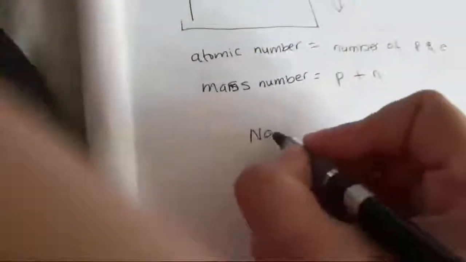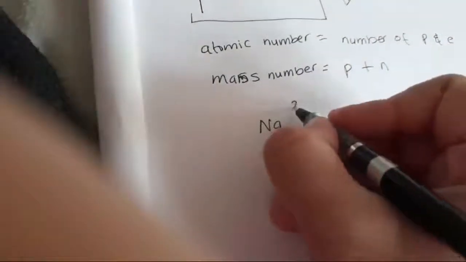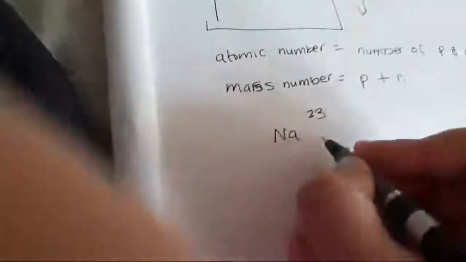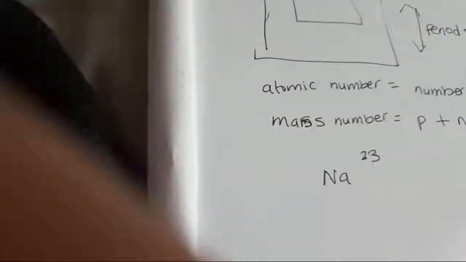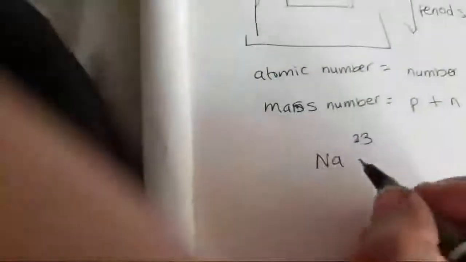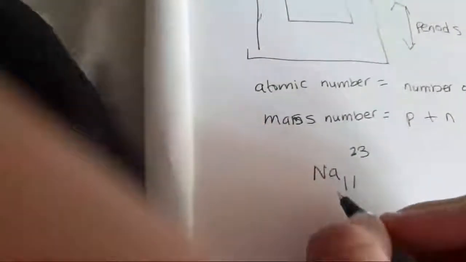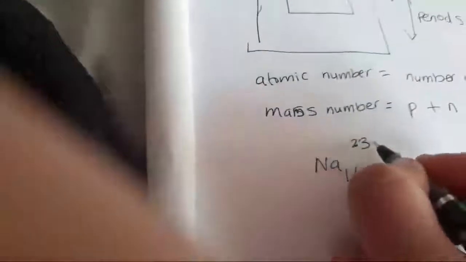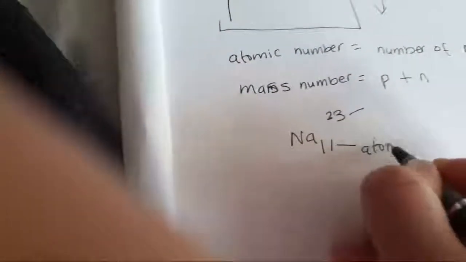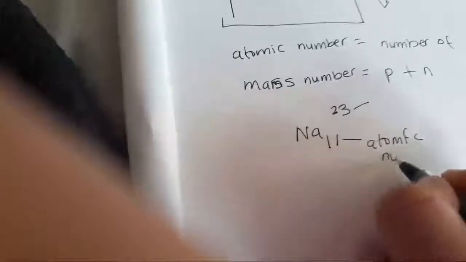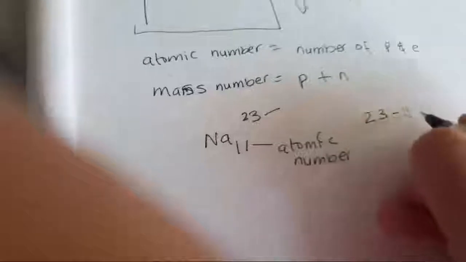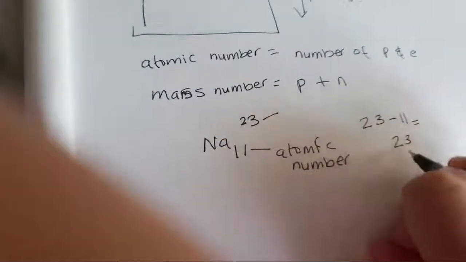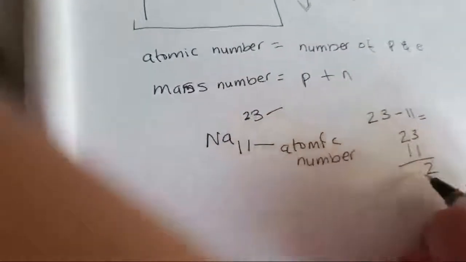Now sodium is Na, has 23 and 11. So how many electrons? 11 electrons. Okay, so this is your atomic number, and then 23 take away 11 would be 12.